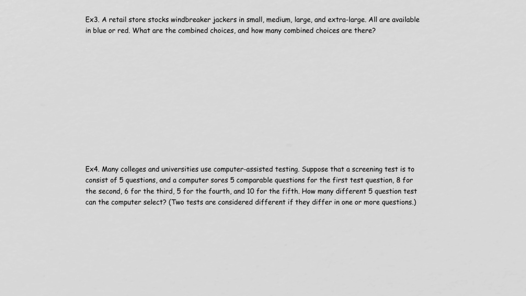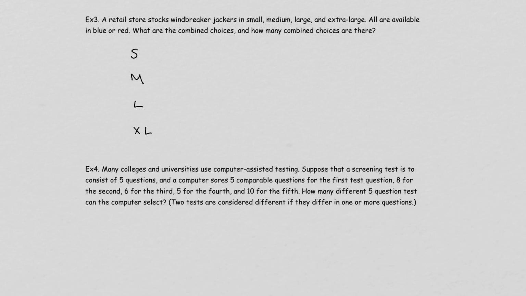A tree diagram starts with the first choice. The first choice was the size, right? So we'll have small. Let me use black. Small, and then we have medium, and we have large, and then we have extra large.